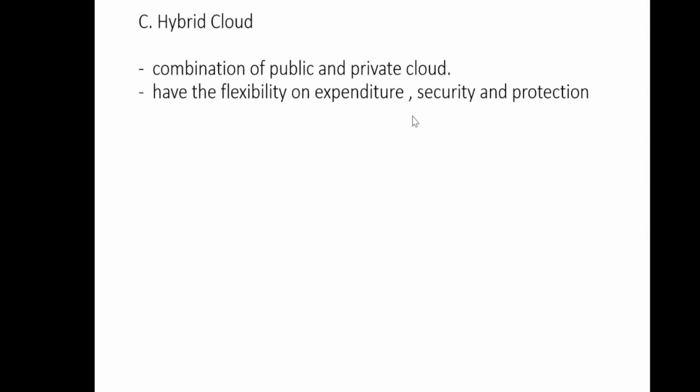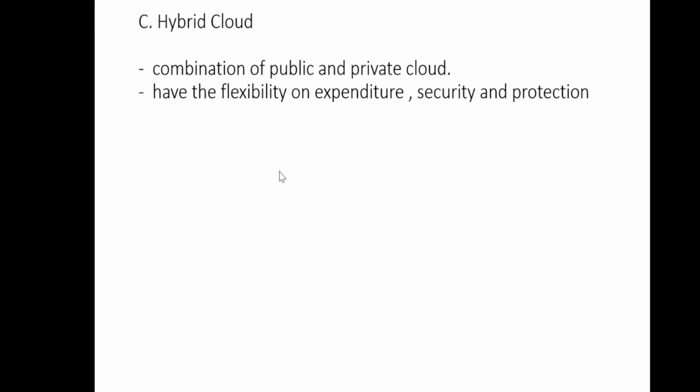Whereas hybrid cloud is a combination of public cloud and private cloud. A few resources will be executed in the public cloud, a few resources in the private cloud. The resources can communicate with each other, are used by a secure organization, and give flexibility on expenditure, security, and protection. Today, most organizations prefer hybrid cloud.